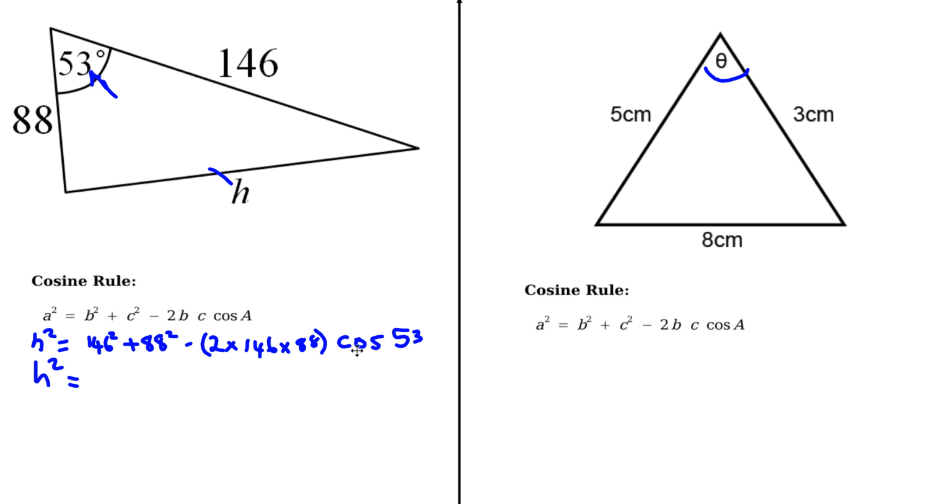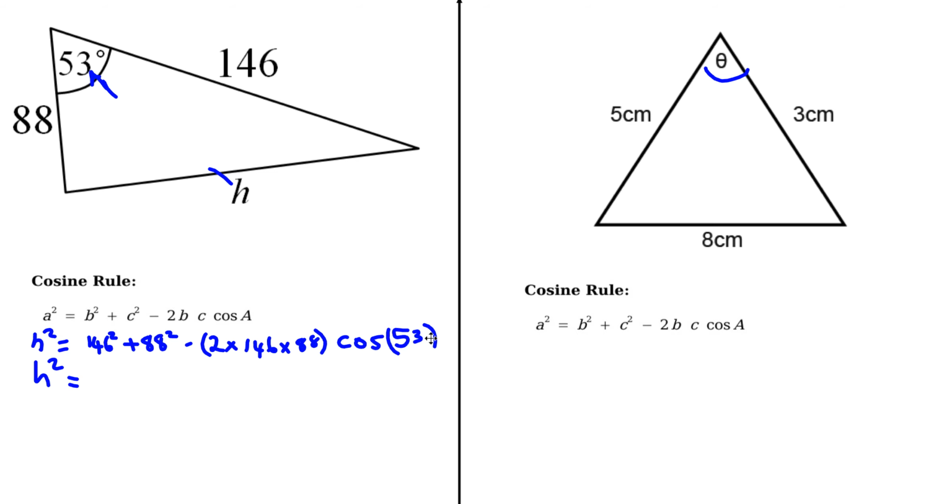Then we're going to work this out. You can put this whole entire calculation in your calculator: plus 88 squared minus 2 times 146 times 88, close bracket, cos 53.